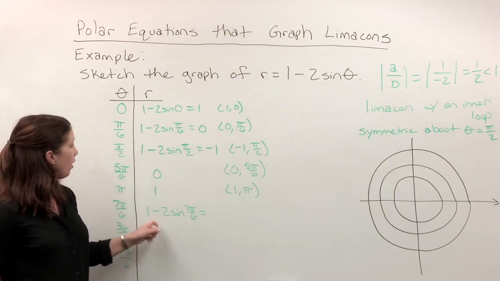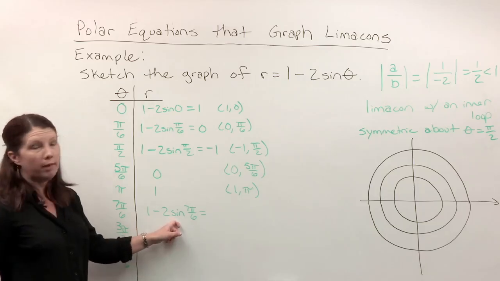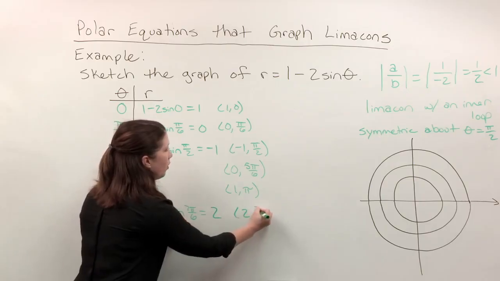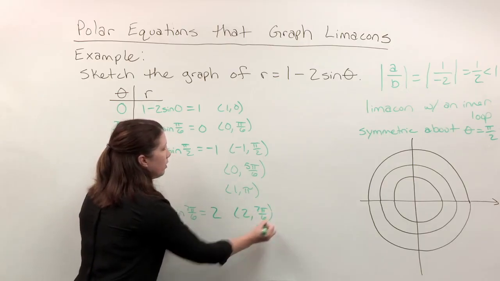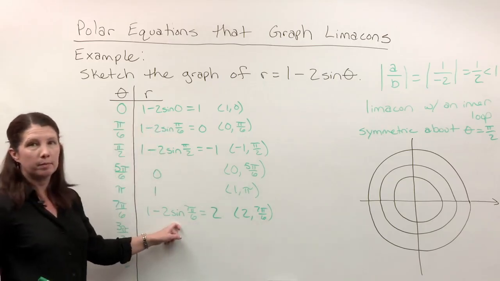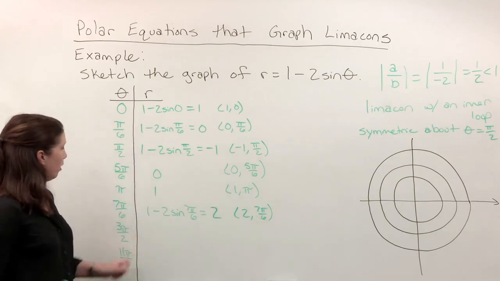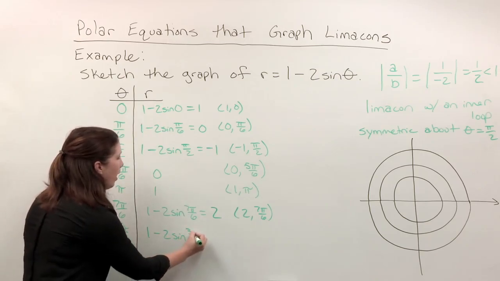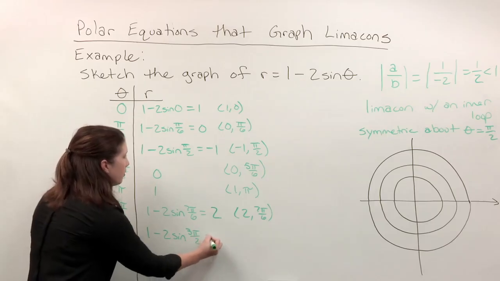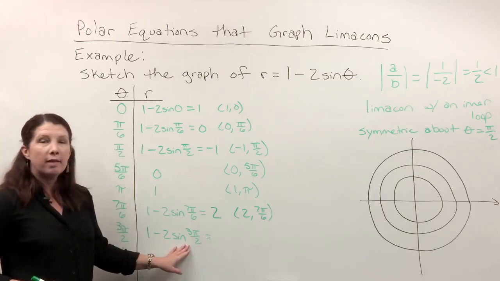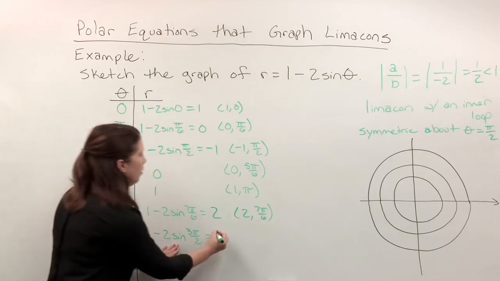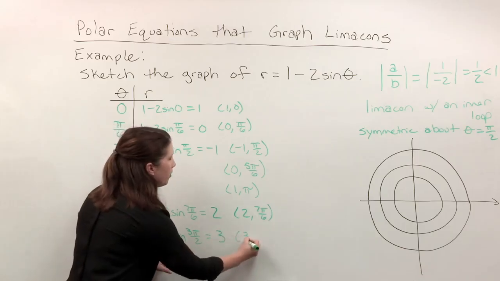So I end up with 1 plus 1, or 2. So my point will be (2, 7 pi over 6). 3 pi over 2 is on the negative y-axis. So sine is -1. So I end up with 1 plus 2, or an r value of 3.